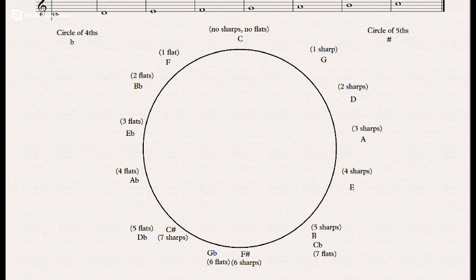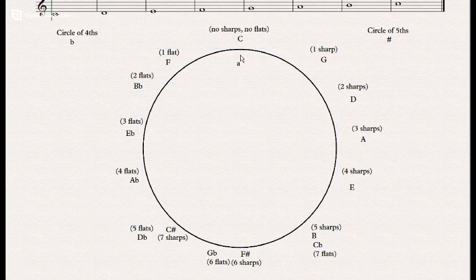And what we do is we go to a major scale and take the 6th degree, the 6th note. So I have a C major scale, and if I go to the 6th note, 1, 2, 3, 4, 5, 6, I would have A. A minor. Now, A minor also has no sharps or no flats.